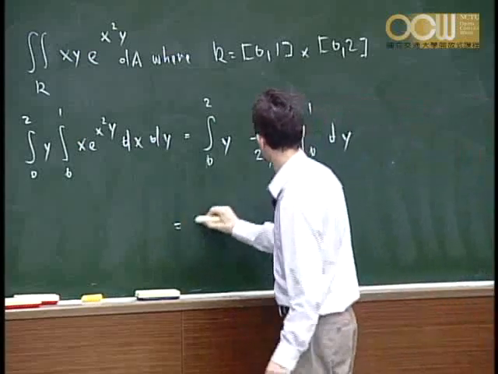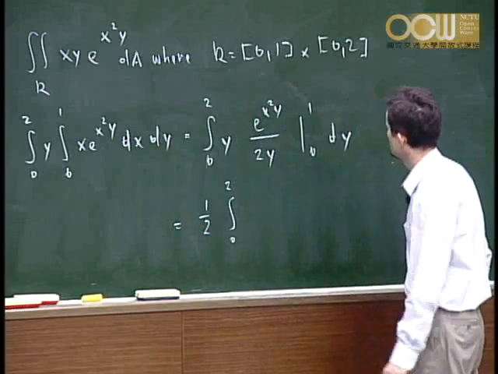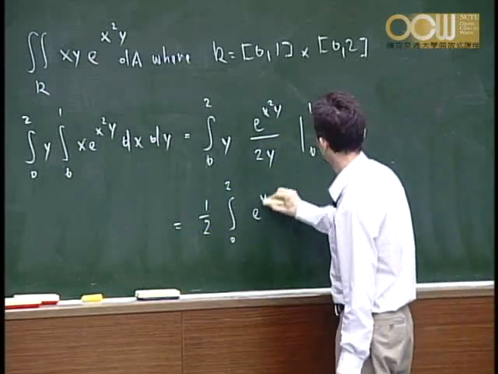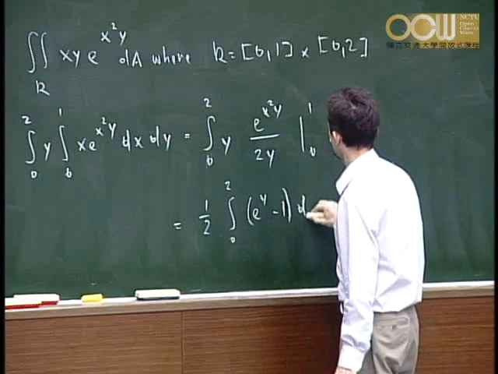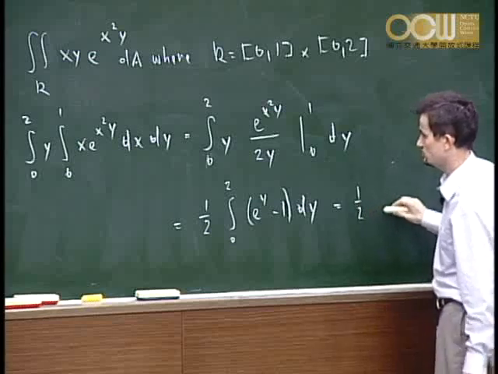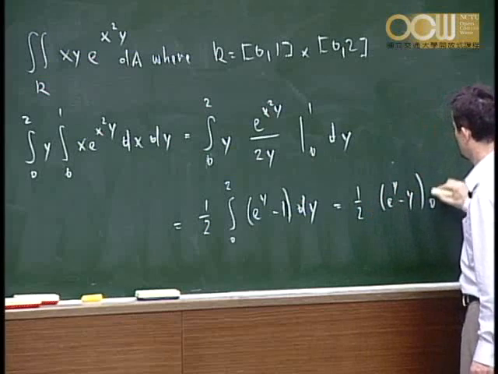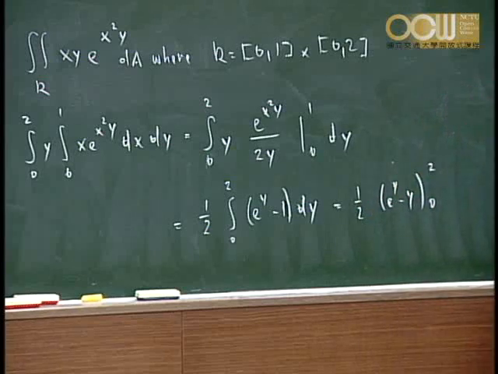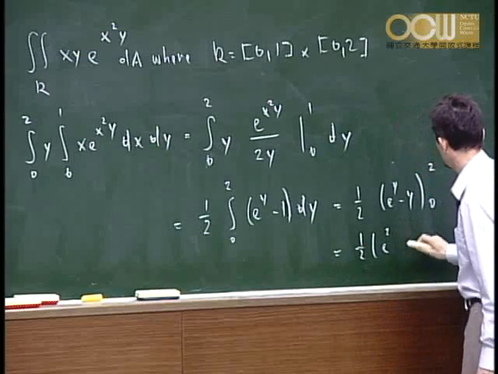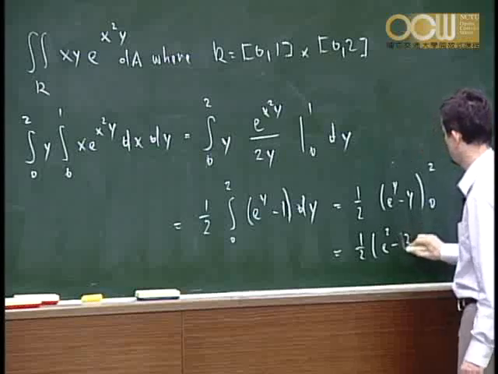So what you have is 1/2, and then the integral from 0 to 2, with respect to x, so we have e to the y minus 1 dy. And this is now easy to compute. So you have e to the y minus y, 0 to 2. Okay, so e to the 2 minus 1, and this gives you minus 3.